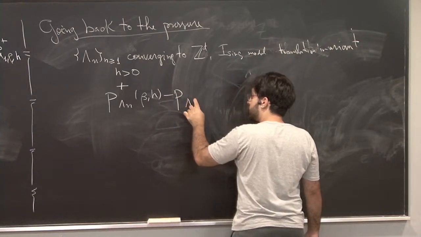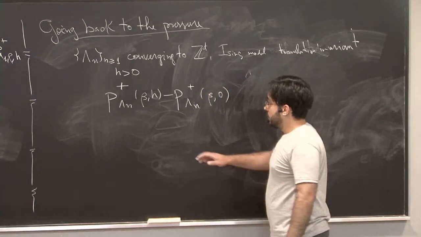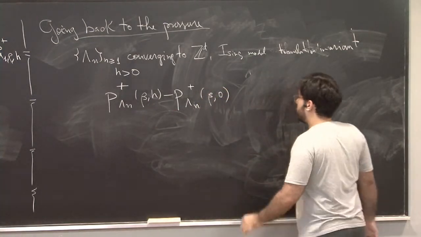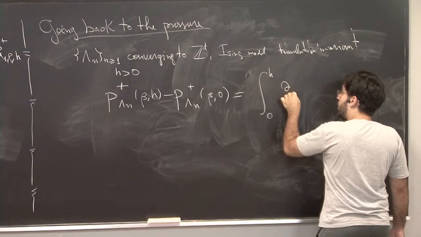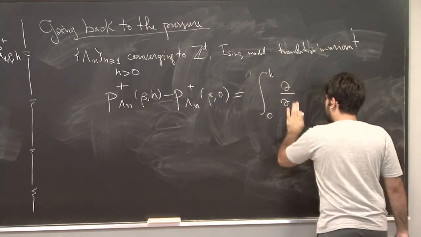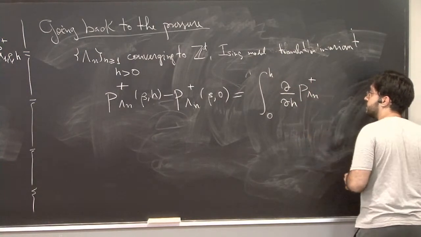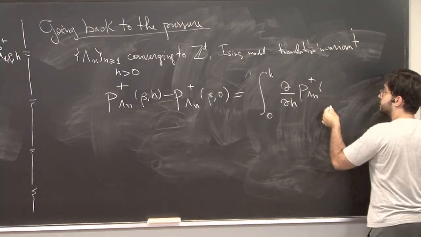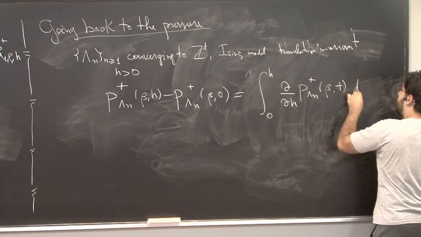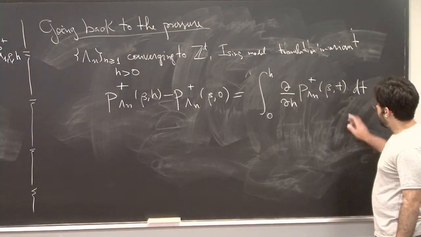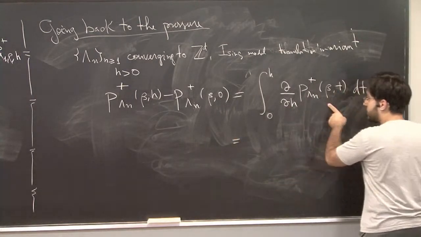I can write the difference of the local pressures between beta h and beta 0 as being the integral from 0 to h of the derivative with respect to h of this function. Beta h, okay, beta t, now I'm integrating over t, but we know exactly what this is.